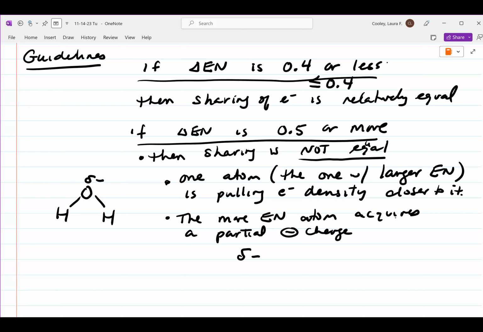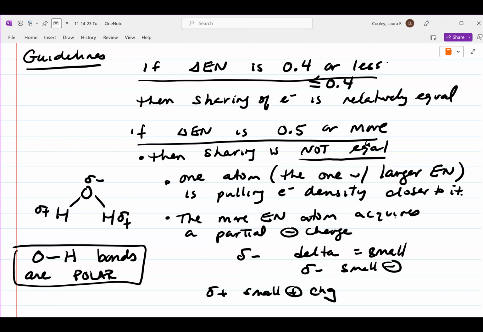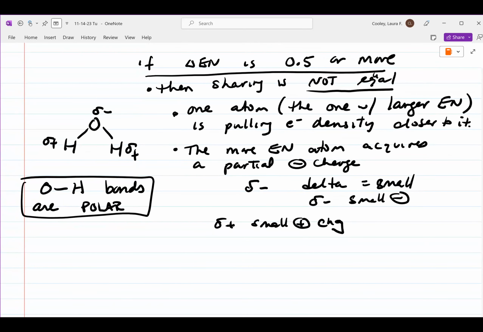We call it delta negative because this delta means small. So it's a small negative. And the hydrogen, each one, would have a slight positive charge. And we say that the OH bonds are polar because there's this difference. One of them has more electrons, the other one has fewer. So one has a slight negative charge, one has a slight positive charge, and we call those bonds polar.